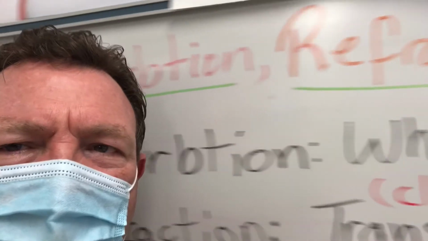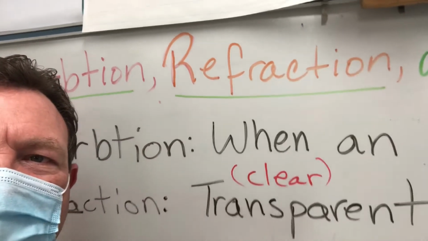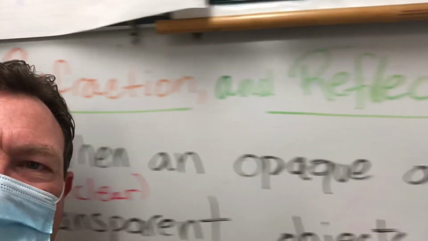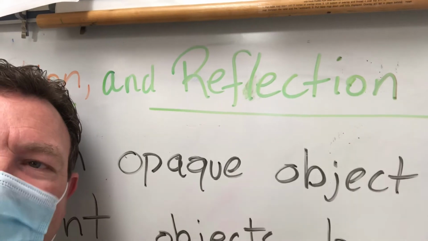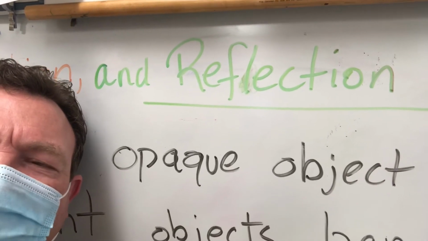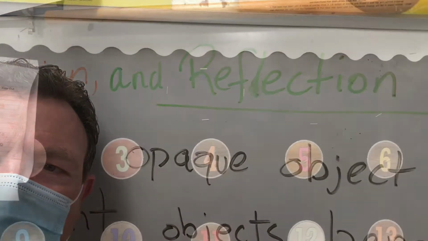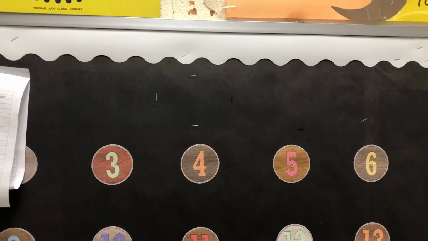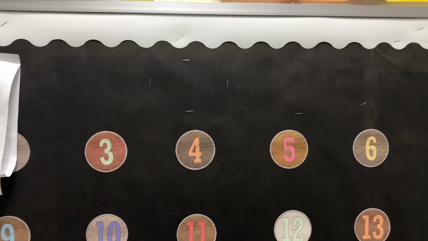So one more time, absorption, refraction, and reflection, okay? So those are the three that I want to discuss. We talked about them a little bit in some lessons in the past, but I want to make sure that you really understand those. Here is a bulletin board, and I use black paper for the background, okay?